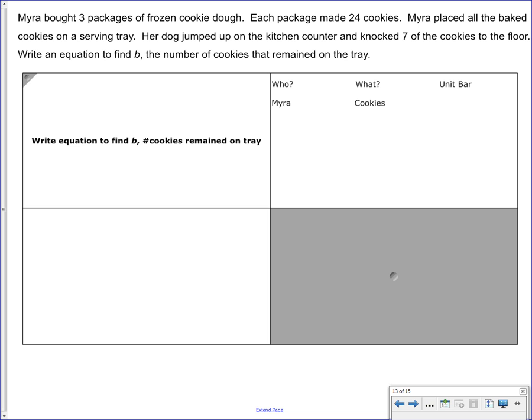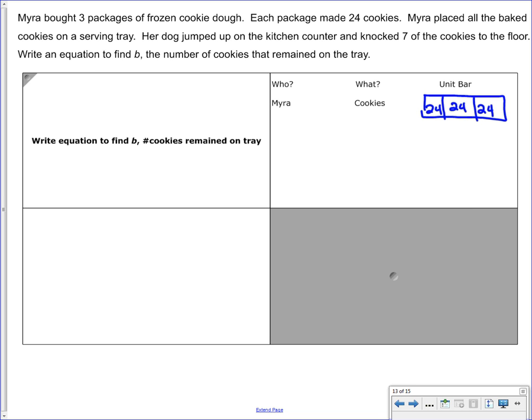So we're going to reread our problem and fill in our details section. So there's Myra with her cookies, and there's 3 packages, each with 24 cookies. Then her dog knocks 7 of them off.